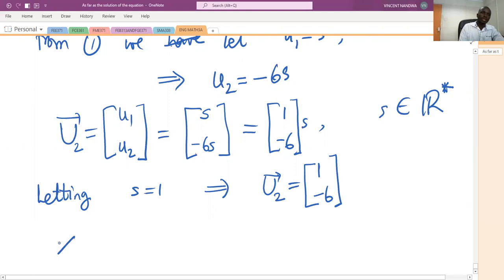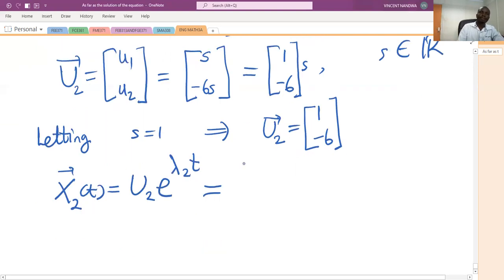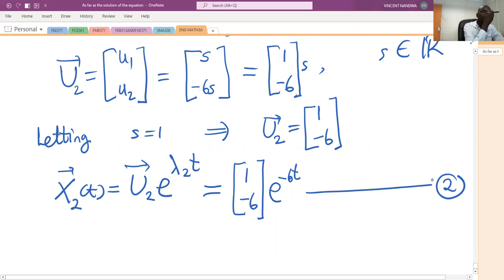So the solution x2 of t is U2 e raised to the power lambda 2 t, which is given by 1, minus 6, e raised to the power lambda 2, which is minus 6, then t. Call this one double star.